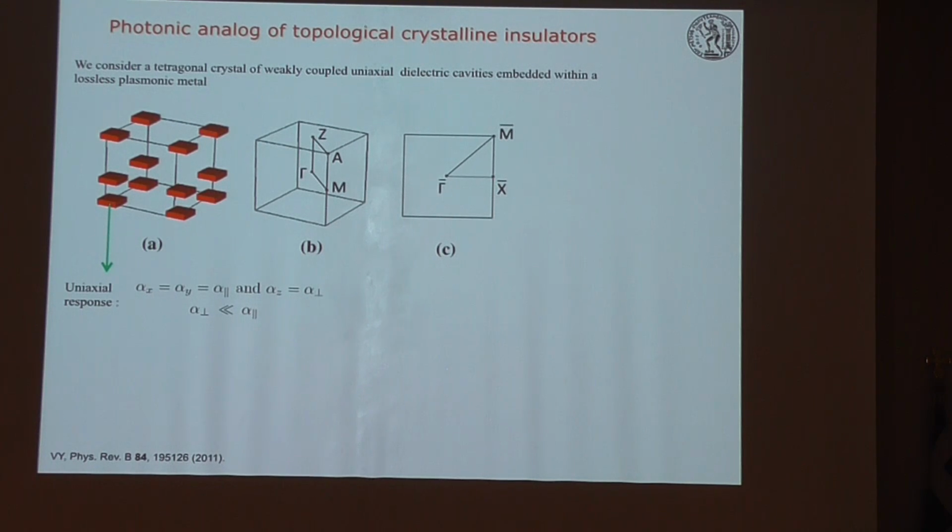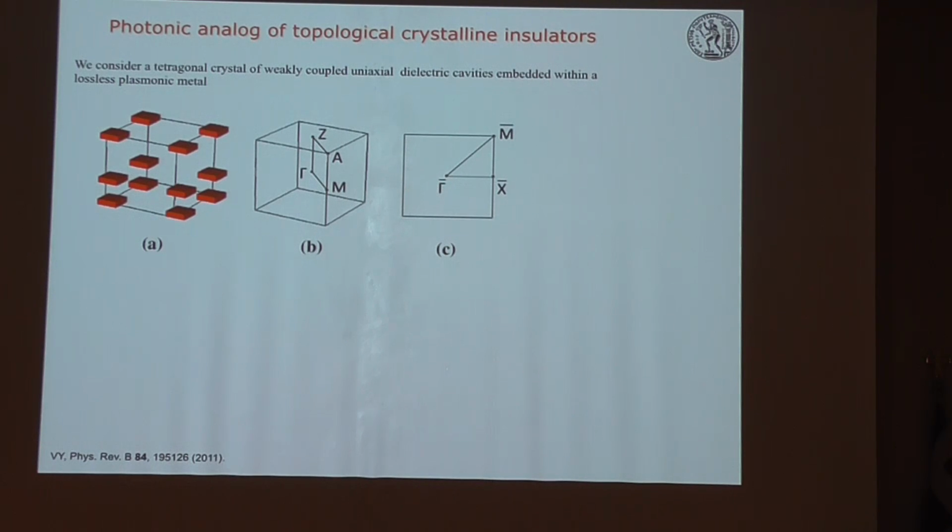In order to engineer and transfer completely a tight binding Hamiltonian for photonics, I need to embed these things within a plasmonic host, so that all waves are evanescent within the host, and you have only hopping from resonator to resonator.